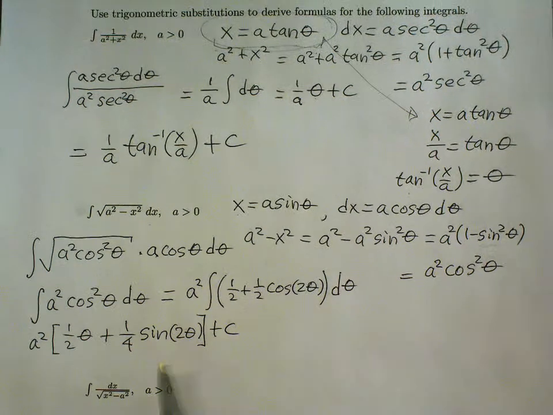Well, we're not done. We have to express all of this in terms of x. So we have to replace theta with something that involves inverse sine. And we also have to replace sine of 2 theta.